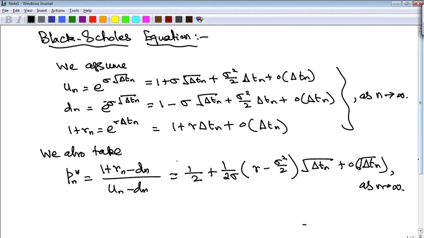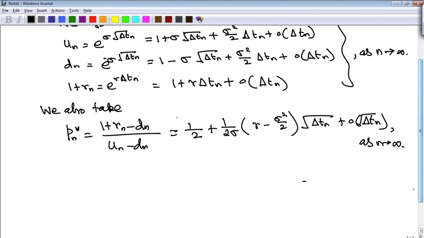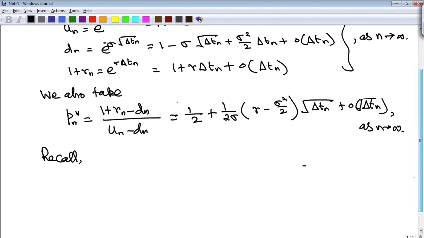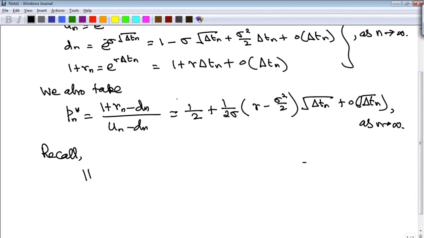Now let us recall from the basic binomial model, we have written the binomial pricing model as hn comma j, that is the price at the expiration is the same as the payoff of ST. Generally we write, if you recall, Sk comma j is equal to s naught u to the j d to the k minus j.